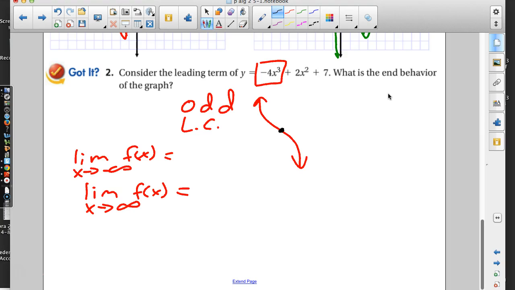As our graph starts there and goes to the left forever, is that infinity or is that negative infinity? Infinity. Start in the middle. Go to the right forever. Where are we going? Negative infinity.